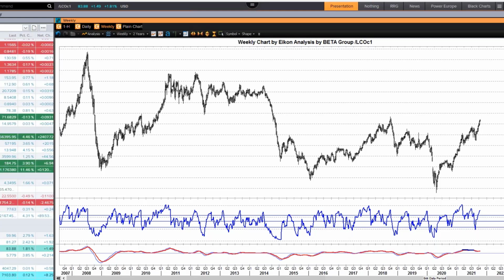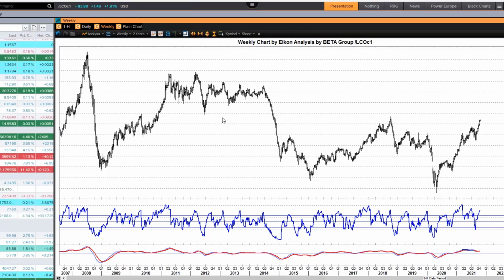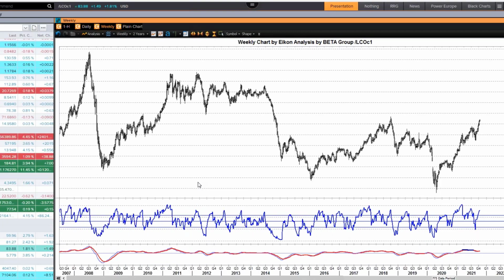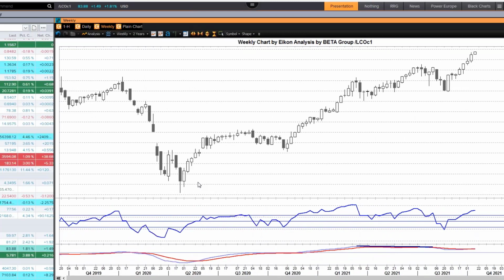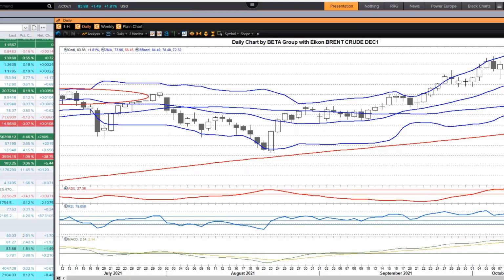There's no resistance here until we get up into here where there's a lot of resistance. It's a bit like the FTSE, you know, a 4-year resistance level there. So I think more excitement is due on the Brent crude oil and the WTI as well. So I'll just make that a more sensible chart. Looking good. We've had a little bit of a pullback.